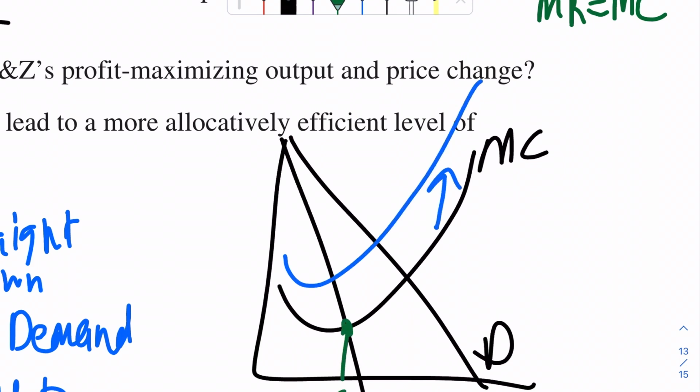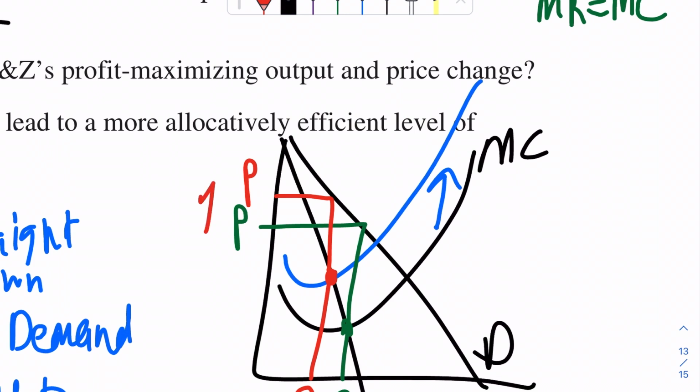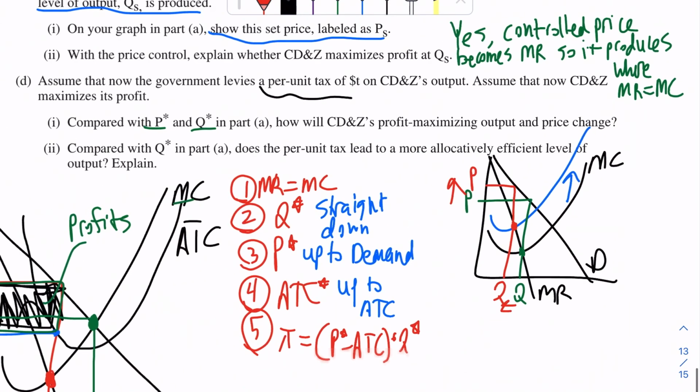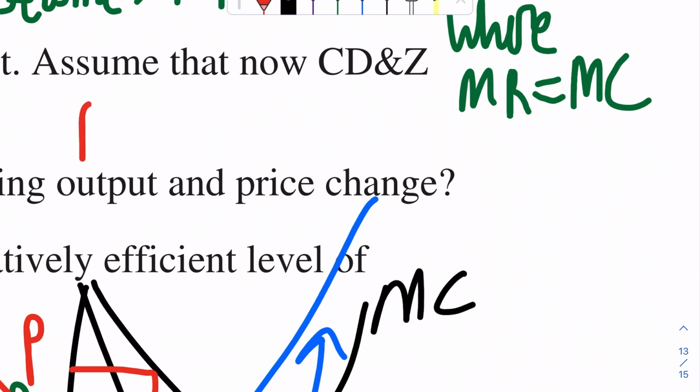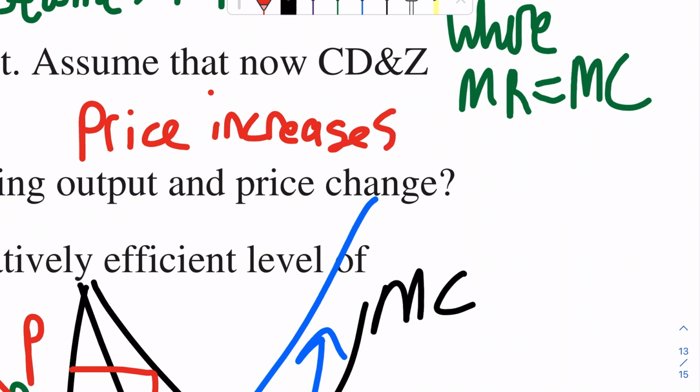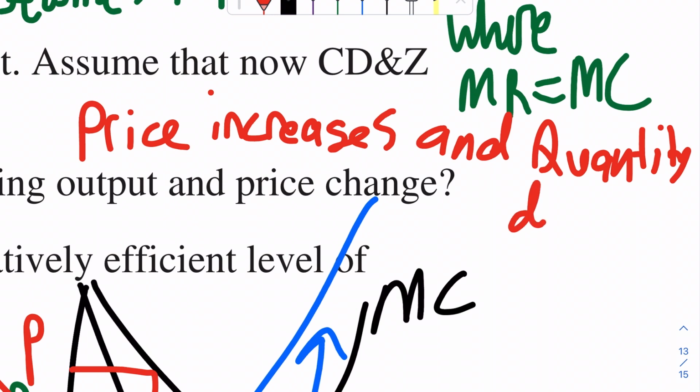So if we were here at this price and quantity, because MR equals MC, we are now going to be at this quantity and this price because of the increase in the tax. So we now have a higher price and a lower quantity. So to answer this question, all you have to say is price increases and quantity decreases. Okay.